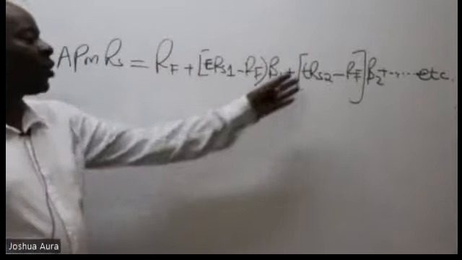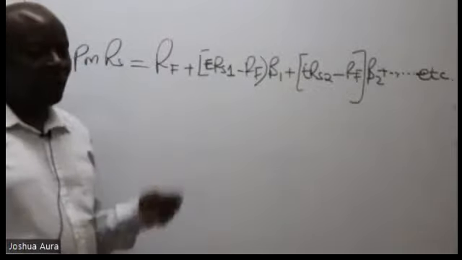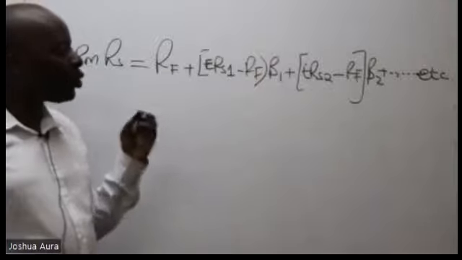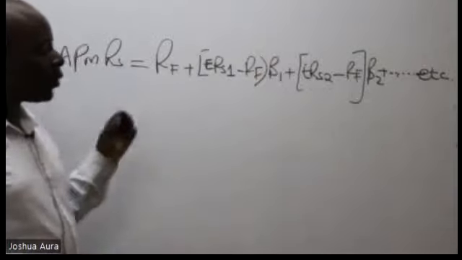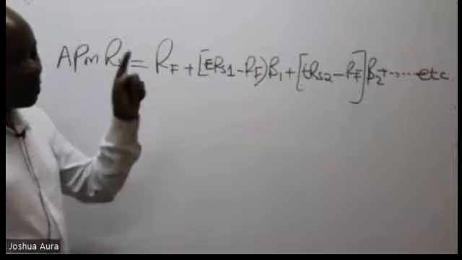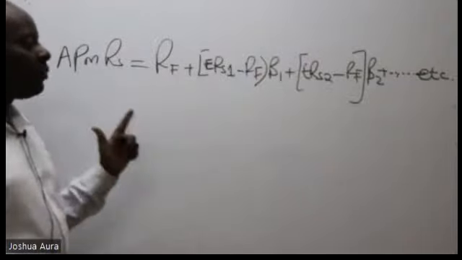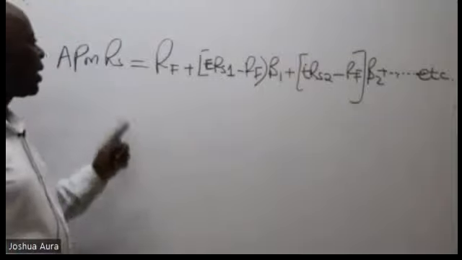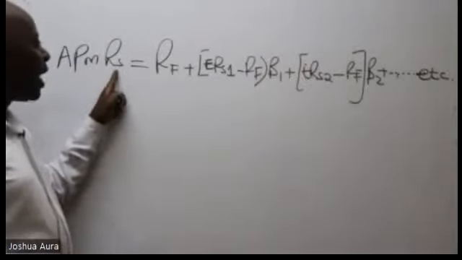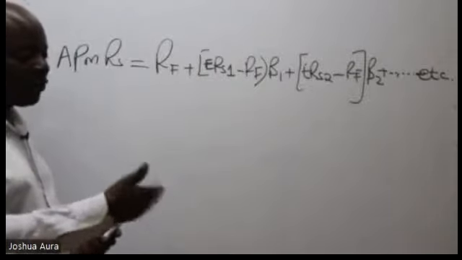Those factors really could be very many. So the most important thing for us to appreciate is that if it's APM, arbitrage pricing model, it's a multi-factor model. We shall be assuming that this particular security's return or price is a function of many factors.